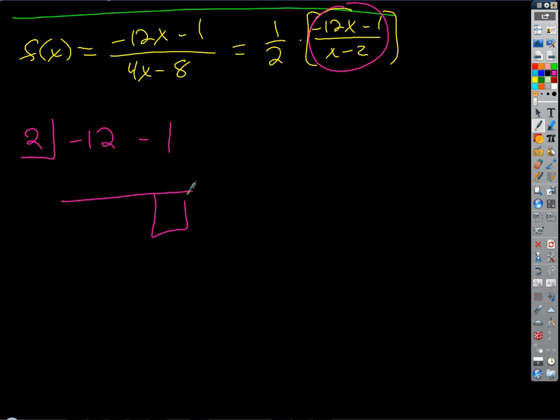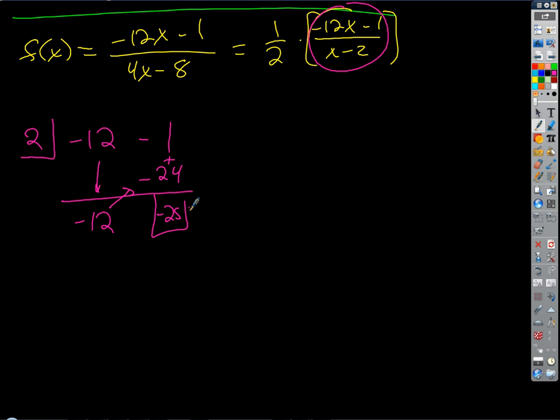I'm going to drop down negative 12. And then when a number appears below the bottom, what do we do? Multiply, so negative 12 times 2 is negative 24. Add those up and get what? Negative 25.